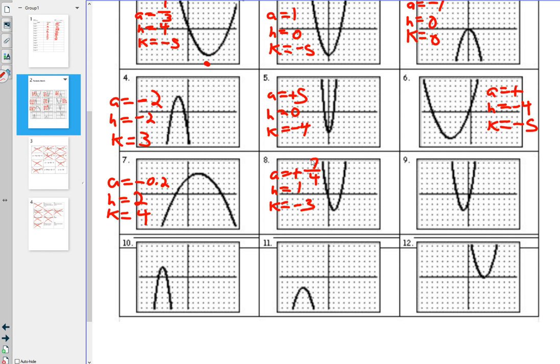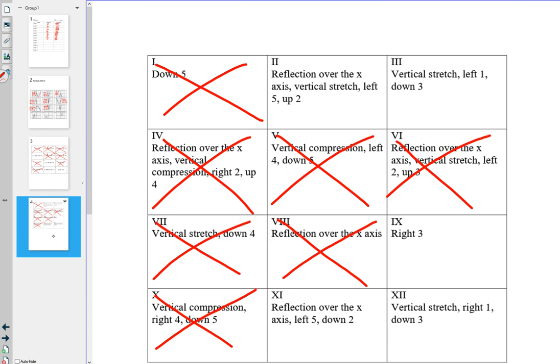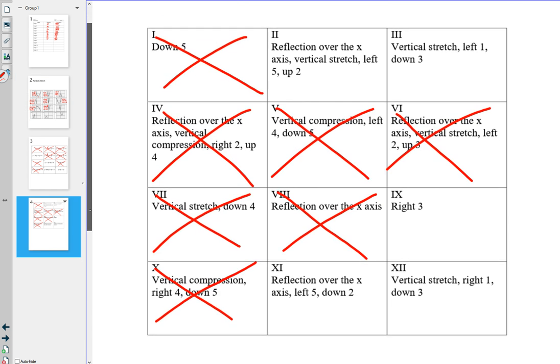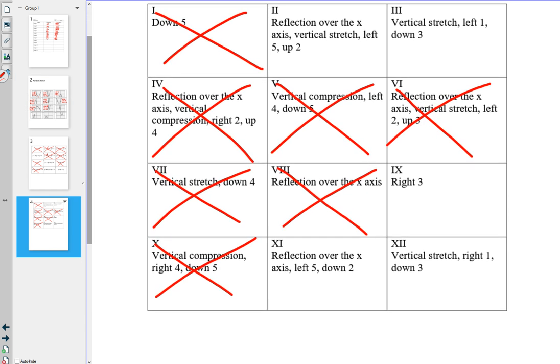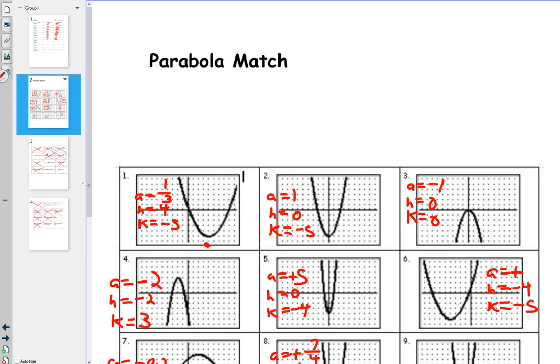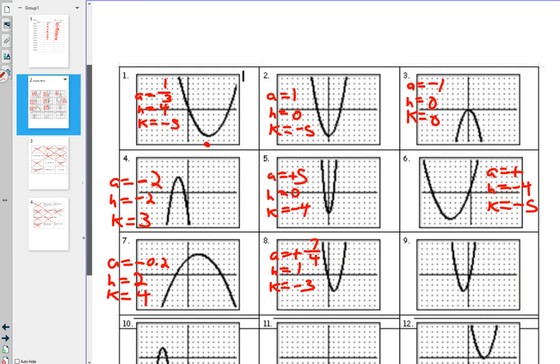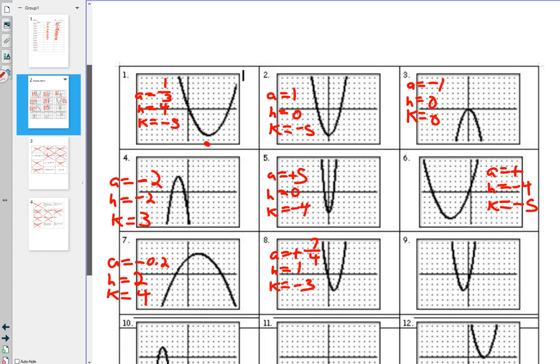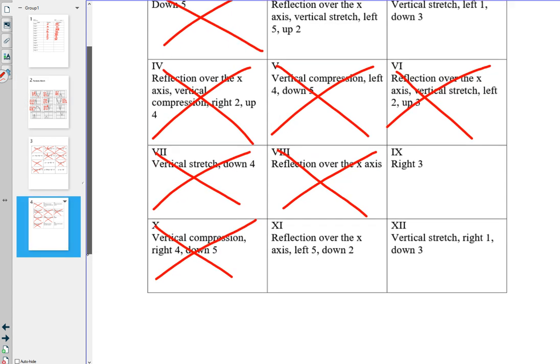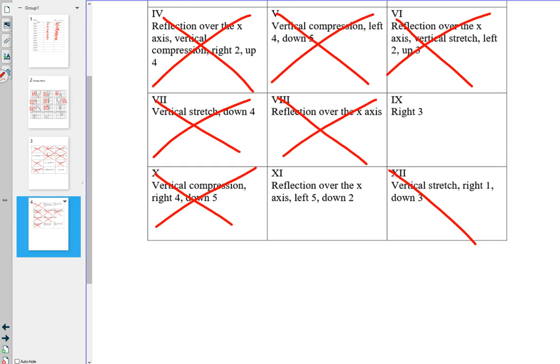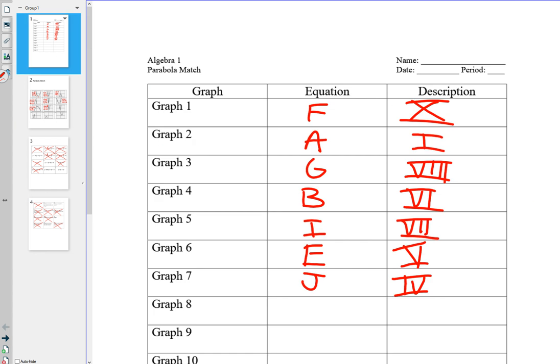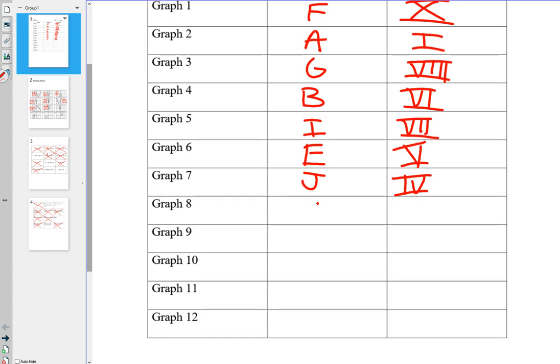So yeah, it looks like there was a bit of a stretch. It is a little skinnier. So C, and then which one has a stretch? 12, vertical stretch, right? 1 down 3. Right, 1 down. Yeah, very good. 12. So C.